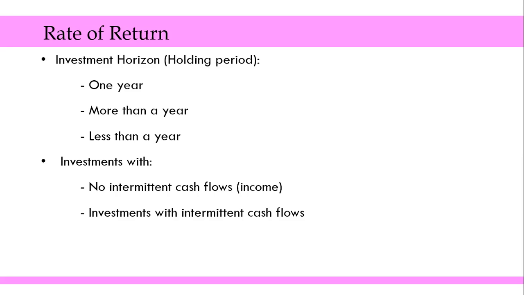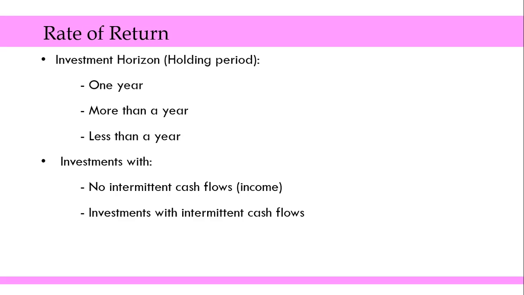Another investment type is investment with intermittent cash flows. For example, if you buy the debentures or bonds of a company on which the company pays interest payment, which is also known as coupon payment. In that case, if the life of the bond is 5 years, you buy the bond today, every year the company will pay you a certain interest on the value of the bond, and at the end of 5 years, the initial investment that you have made will also be returned to you.